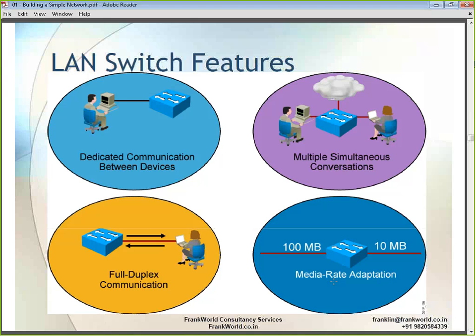But if you have a computer which has a 1 gigabit Ethernet adapter, meaning 1 Gbps speed, and the switch also supports 1 Gbps, then the bandwidth on that particular port would be 1 Gbps. It will adapt itself automatically depending upon the type of devices that you have connected onto the switch port. So these are the various switch features that are available.